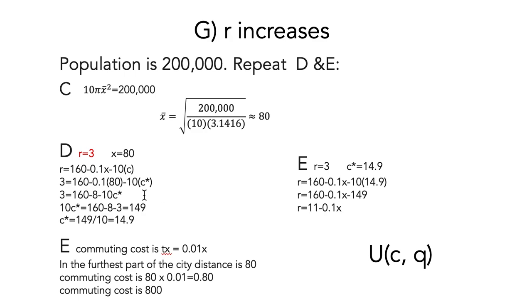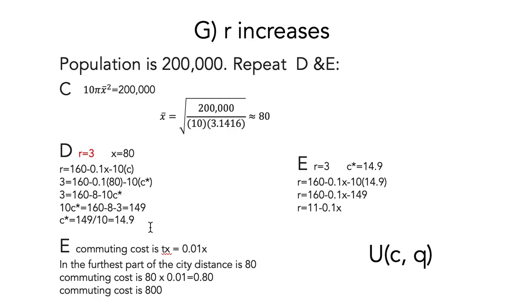So this is telling you what is the consumption bundle when we have a rent of 3 and we have a distance of 80 blocks. In this case, we solve for C star and we get that it's 14.9. Okay, 14.9 is the level that we need C to be at.